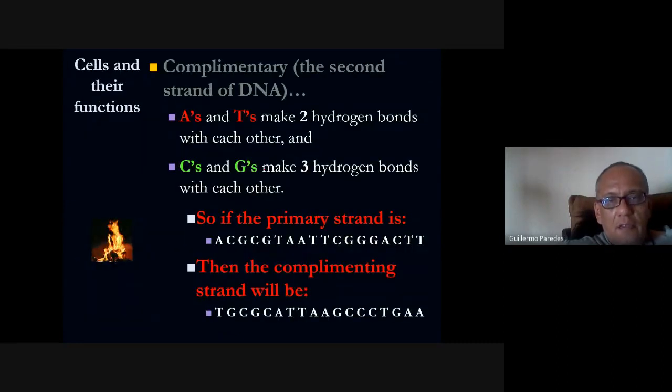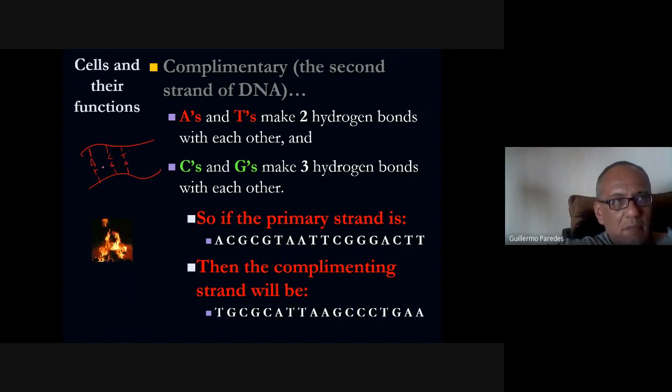So we have A's and T's. When you have, for example, the DNA with A here and T here, you have C here and G here, T and A here, in front of each other.